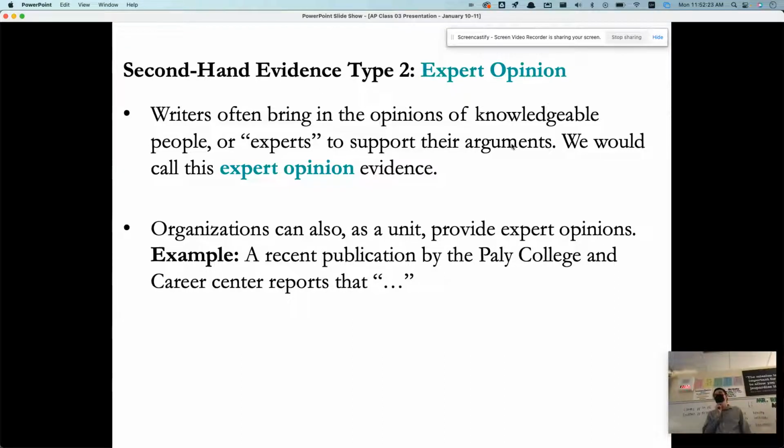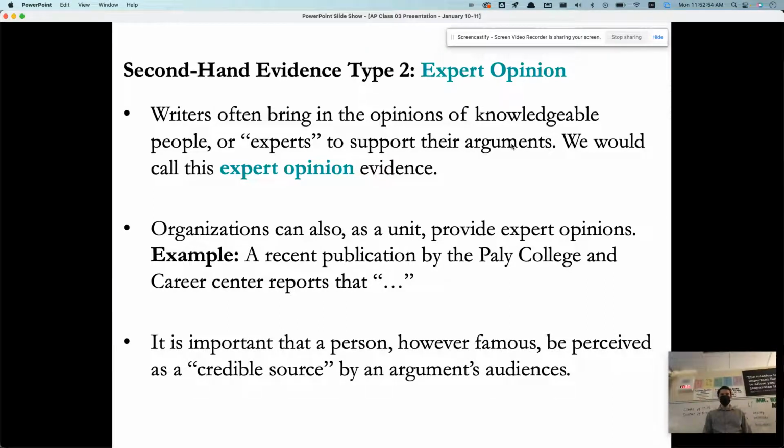Organizations or institutions can also be the source of expert opinions. So a recent publication by the Pauli College and Career Center reports that something, and that would still be expert opinion evidence because the College and Career Center would have authority to talk about that, assuming their publication is talking about something the College and Career Center would have the authority to talk about.